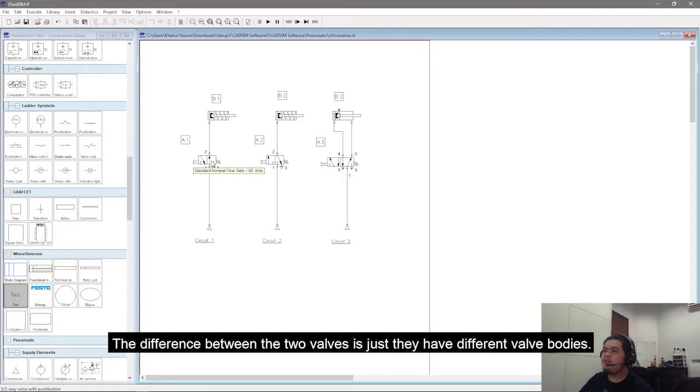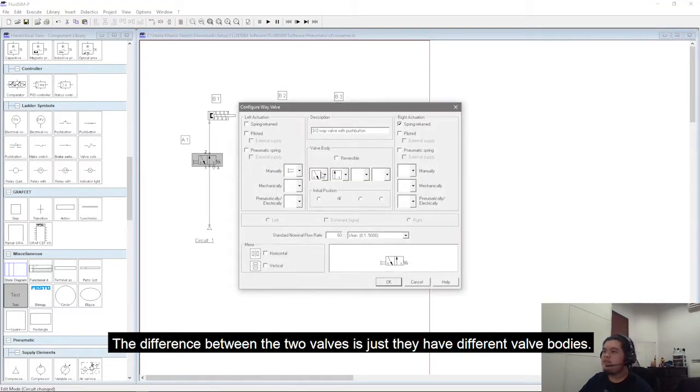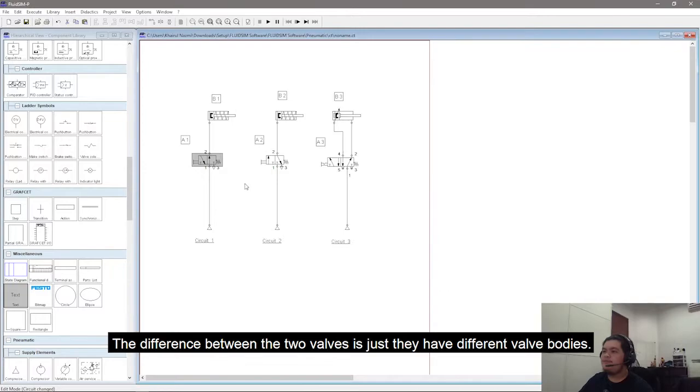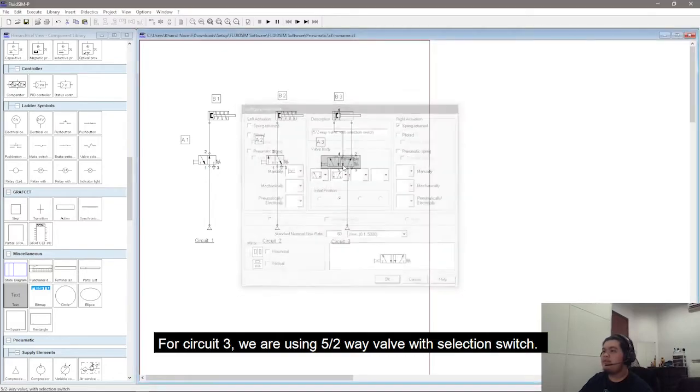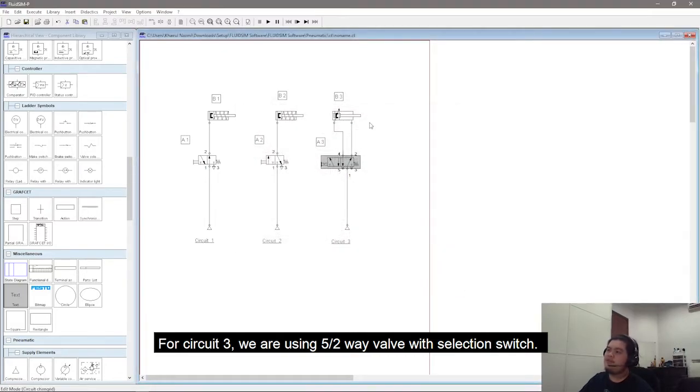The difference between the two valves is just this one, number 1 here, the valve body. For circuit 3 we're using a 5 two-way valve with selection switch.